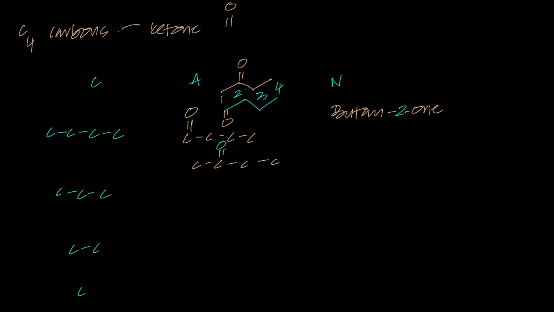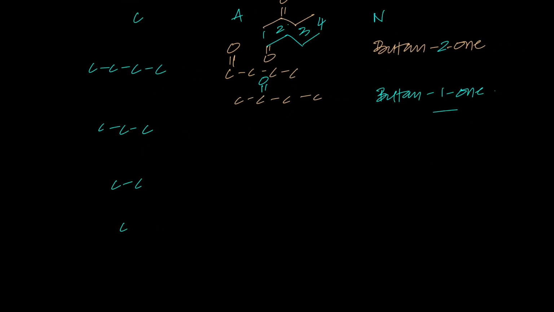Butan-2-one. And this fella is the 1 carbon. This is meth-eth-pro-butan-1-one. That's it. So 2 carbons here, and then this fella can also exist.